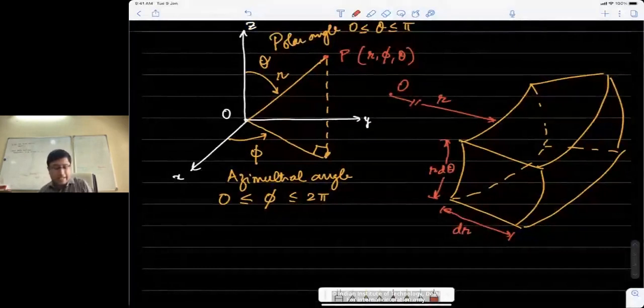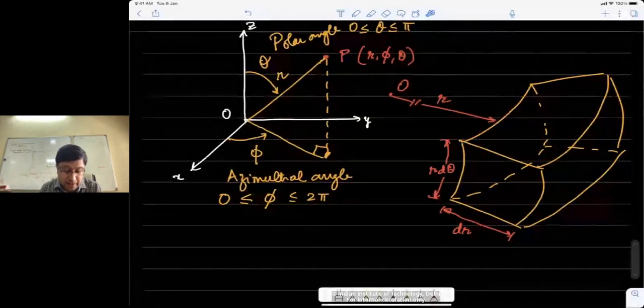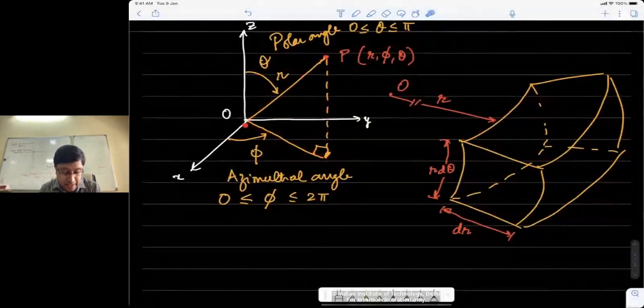And the third dimension is slightly more complicated, but it can be easily understood. The third length, this length here that I haven't marked yet, which I hope you can see with my pointer, can be obtained by considering that this distance r is to the point P. If you look at the projection of this point P on this xy plane, then this distance here is actually r sine theta.